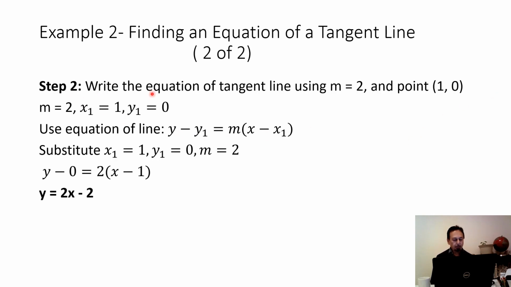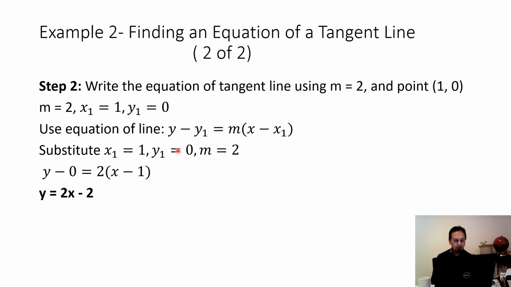Step 2: now we write the equation of the tangent line using the slope m equals 2 and the point (1, 0). So here m is 2, x1 is 1, and y1 is 0. We can use the equation of a line in point-slope form, y minus y1 equals m times x minus x1.